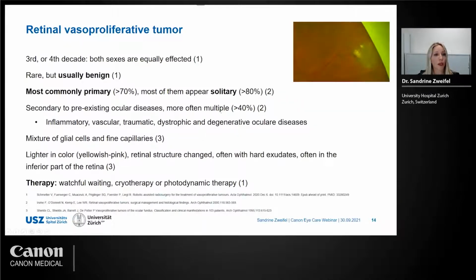So this is a retinal vasoproliferative tumor. They are usually benign. Most commonly, they are primary and occur as a solitary lesion. They can also be secondary to pre-existing ocular disease, including inflammatory, vascular, traumatic, dystrophic, and degenerative ocular disease.